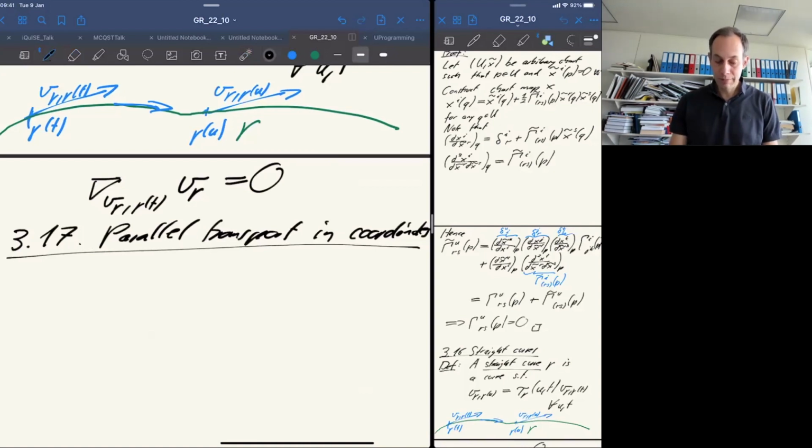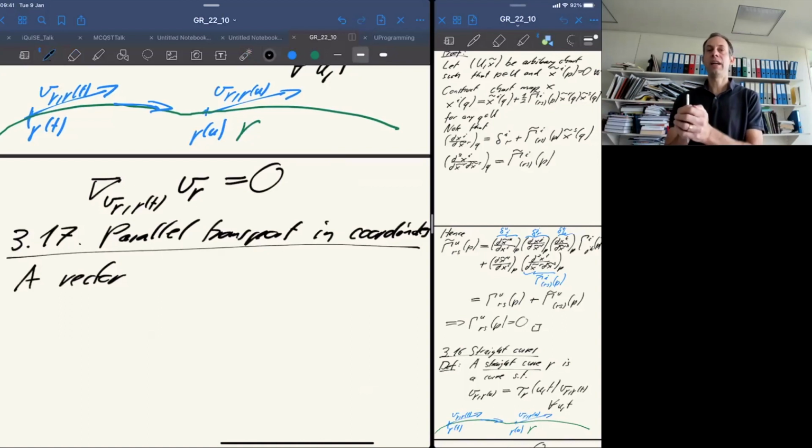So remember, we can essentially define the parallel transport, which was defined really by taking a vector at one point and transporting it somewhere else. We can also look at things in the opposite way and thus say we already have a vector field and ask ourselves, does it correspond to something that was parallelly transported?